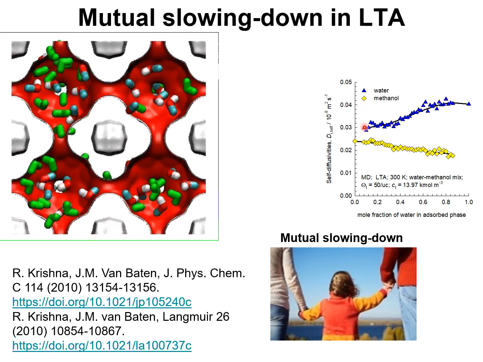The phenomena of mutual slowing down is quantified in this diagram, which plots the self-diffusivity of water, shown by the blue triangles, and methanol as a function of the mole fraction of water in the adsorbed phase, where the total pore concentration of the mixture is kept at the value of 50 molecules per unit cell.